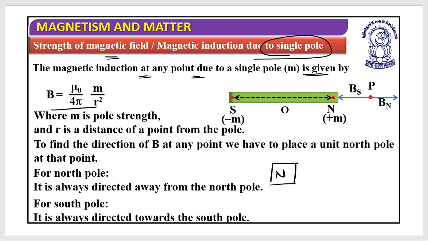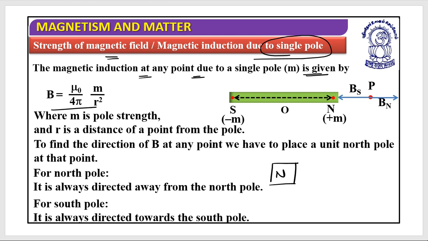Let's suppose this is the North Pole. One more time I make it clear that a monopole does not exist, but on a hypothetical analysis we are considering that if it did exist, the situation would look like this.